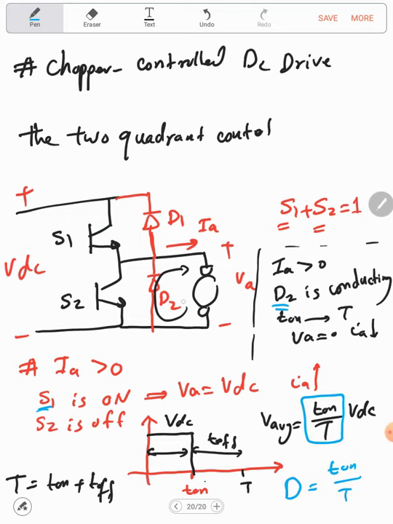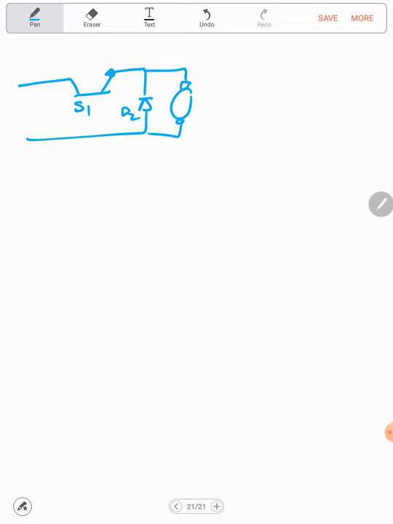So S1 and D2 is actually acting as a buck converter. So we can write it here: this is S1 and D2, and this is the buck converter.